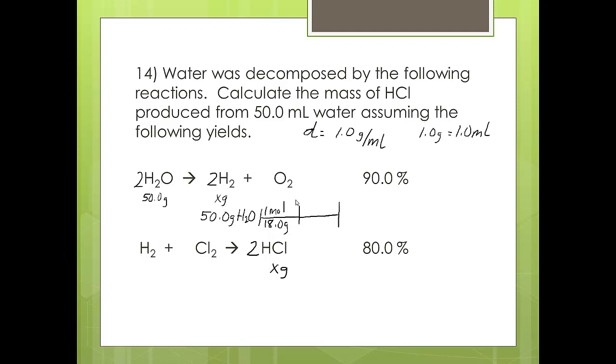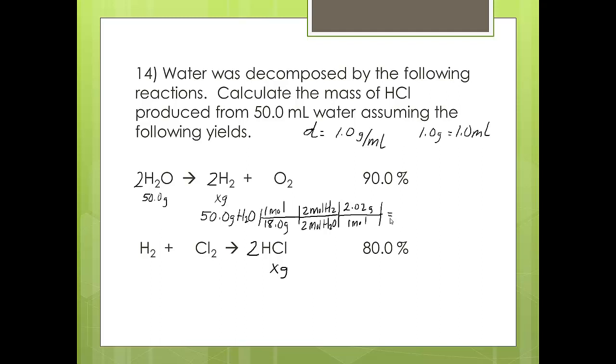Then what do I need to do? I need to go to hydrogen. So what is it? 2 moles of hydrogen for every 2 moles of water. And then I need to get to molar mass. 2.02 grams for every 1 mole.